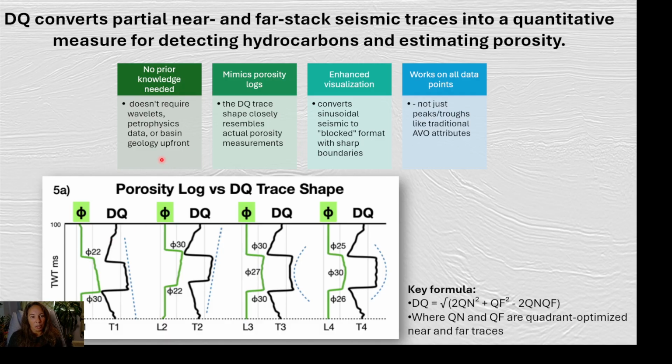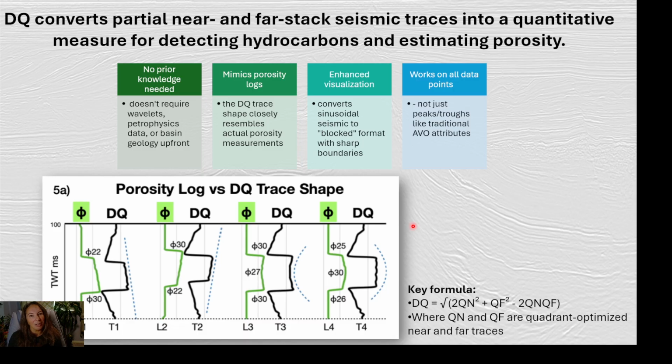And what's really cool, and I'm showing down here in the lower left-hand side, is that it mimics the porosity logs. So the output DQ shape we found using synthetic data, and we're proving up with real data. We've noticed that the shape of the DQ in a bed mimics changes in porosity. So we're really excited about this.